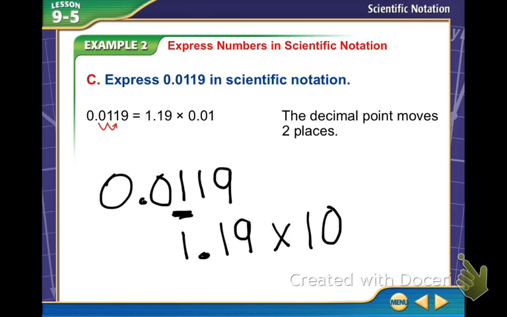How many places did the decimal move? 1, 2. So it's going to be times 10 to the second, but wait, this was a really small number, so this is going to be to the negative second. So that's an important difference. We had our small number, so this is going to be our small power of 10, 10 to the negative second.